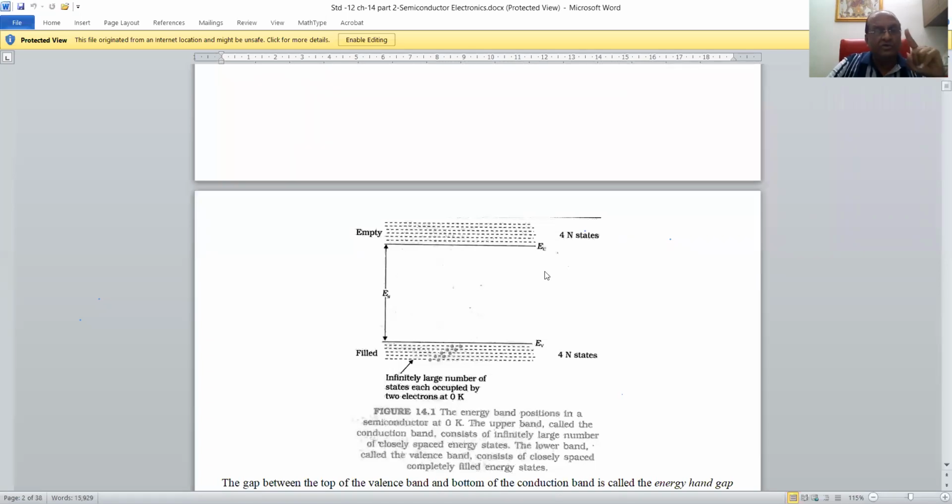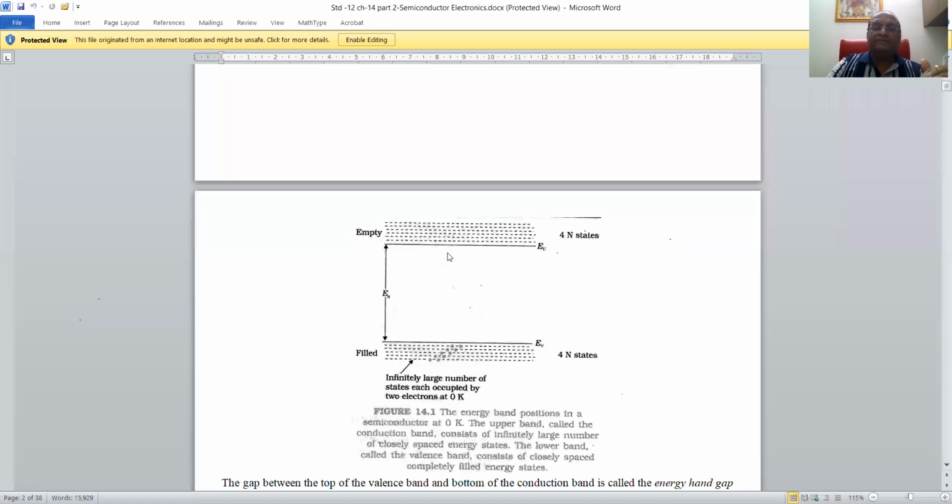So at absolute zero, we can say this thing, not a single electron is there in the conduction band. Not a single electron is a free electron which can take part in the conduction process. So at absolute zero, the semiconductor behaves as a pure insulator.